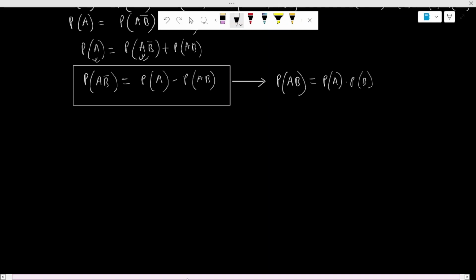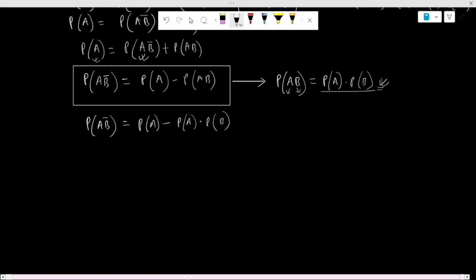If we can ensure this multiplication rule, then we can say that the events A and B are independent. So let us assume that the events A and B are independent, then probability of A minus, if the events A and B are independent, we can further expand this in this form: probability of A into probability of B.